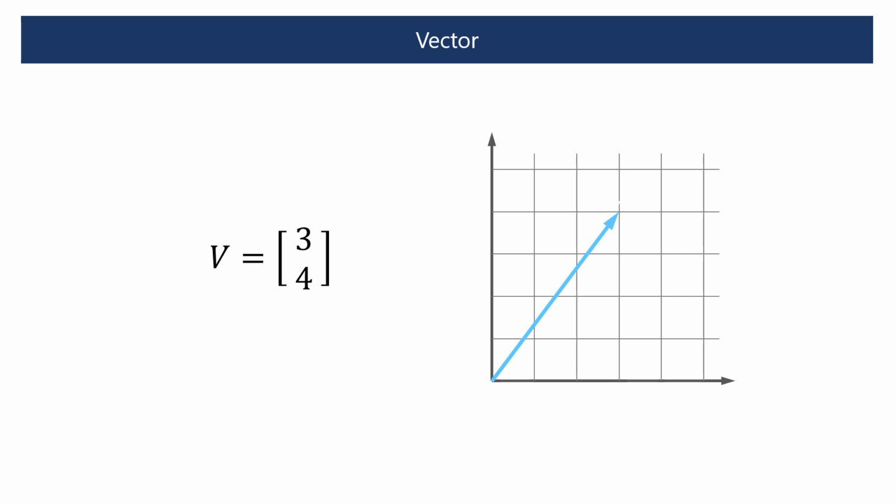For example, consider the vector (3, 4). In two-dimensional space, this vector represents a point 3 units along the x-axis and 4 units along the y-axis. We can visualize this vector as an arrow starting at the origin (0, 0) and ending at the point (3, 4).